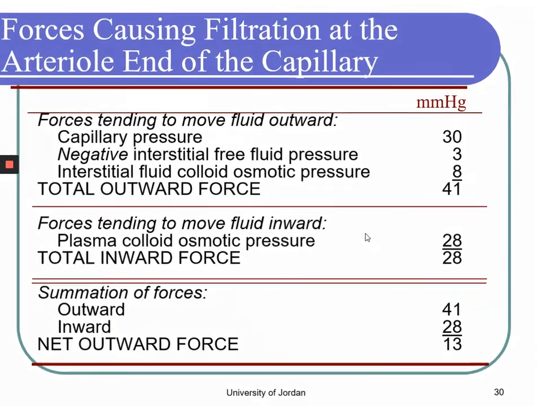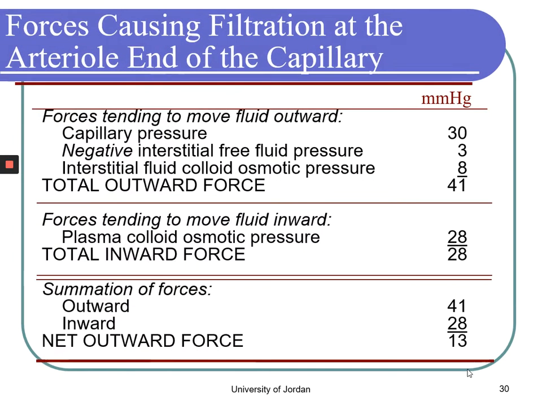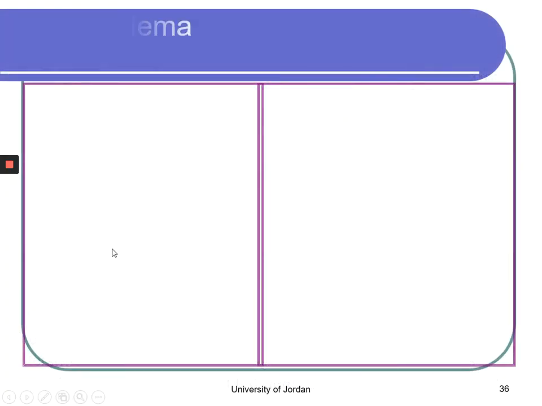The net filtration pressure is multiplied by Kf, which is the filtration coefficient that depends on the conductivity or permeability of the membrane to the molecules, and depends on the surface area, of course. Now here we're going to talk about the causes of edema.